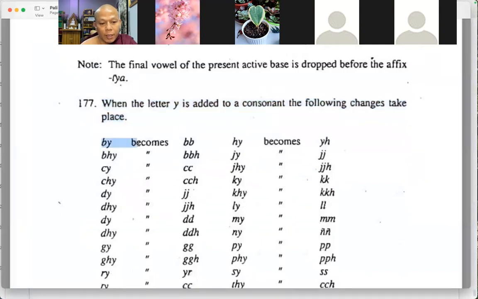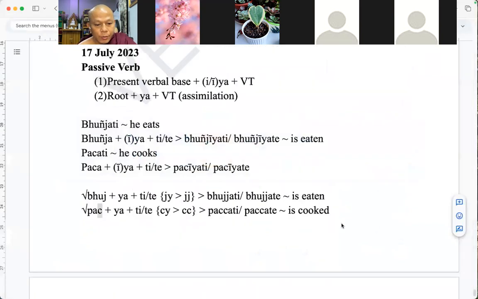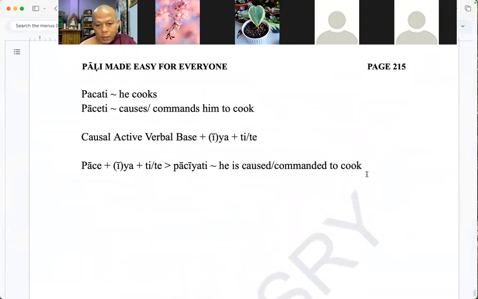The order is random, but actually it is easy to remember. So we can say it in this way: consonant plus ya.